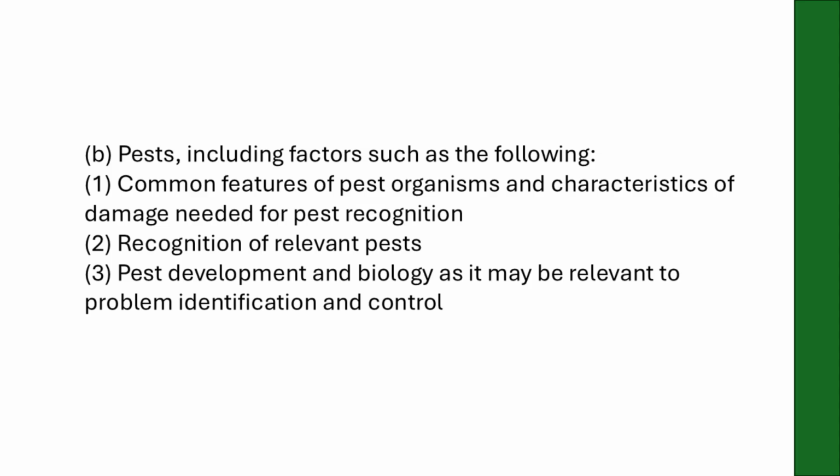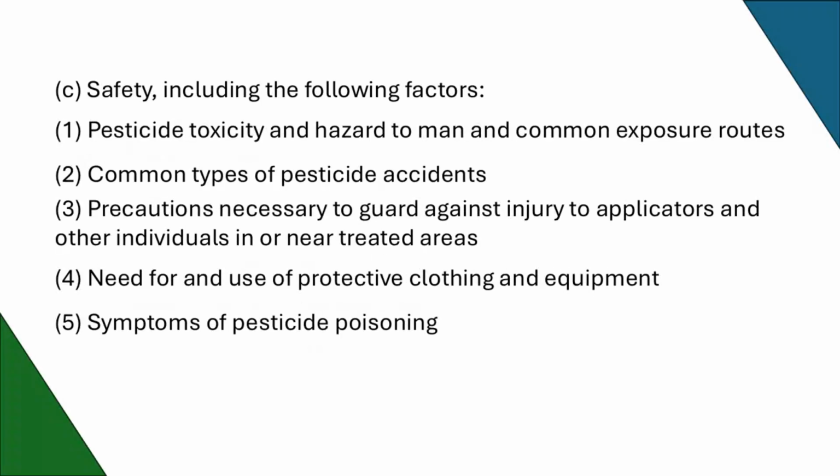B. Pest, including factors such as the following. 1. Common features of pest organisms and characteristics of damage needed for pest recognition. 2. Recognition of relevant pests. 3. Pest development and biology, as it may be relevant to problem identification and control. C. Safety, including the following factors. 1.